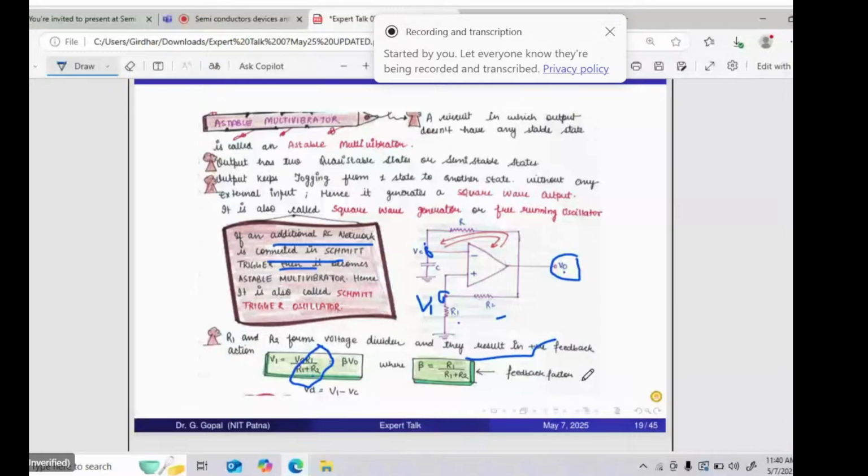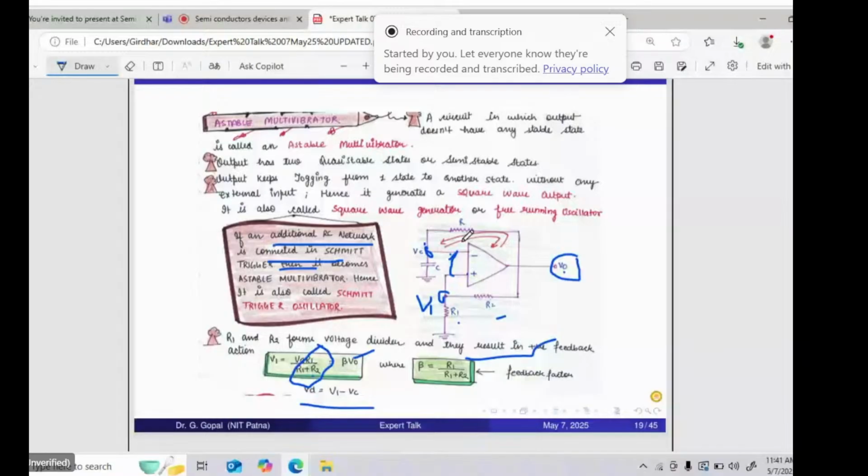Now, is it a positive feedback circuit? By seeing it, it shows both positive feedback and negative feedback, but I say it is positive feedback. How can you test? The same concept I have already defined, you have to apply. If output voltage V0 increases, then V1 will also increase.